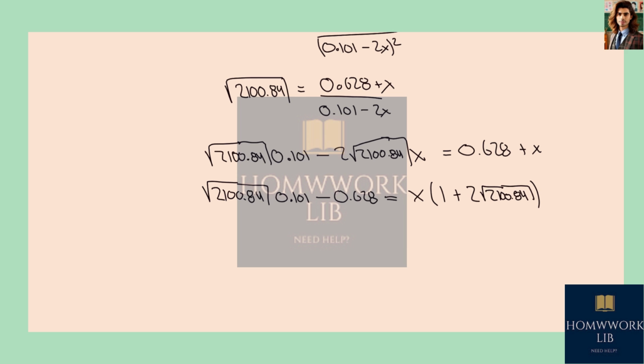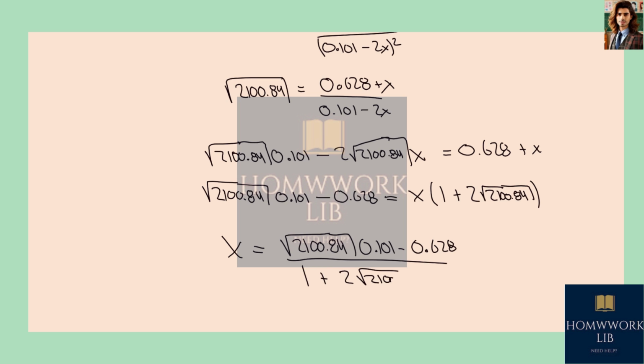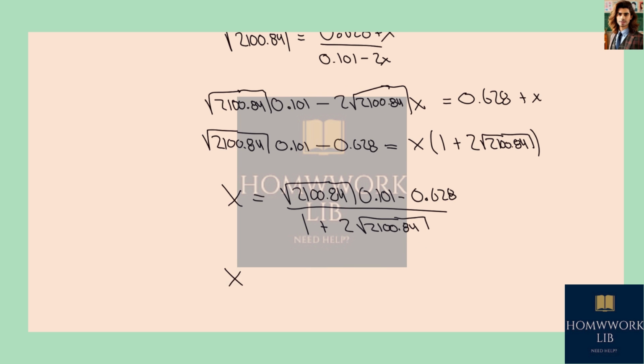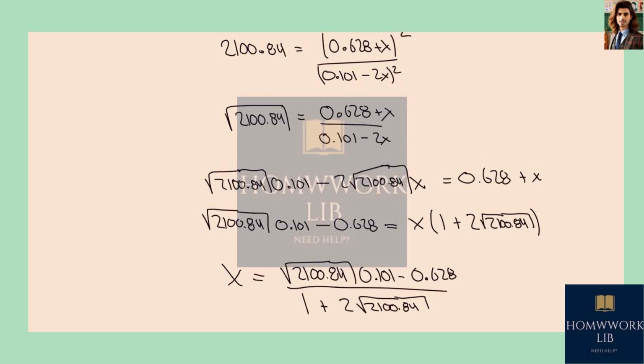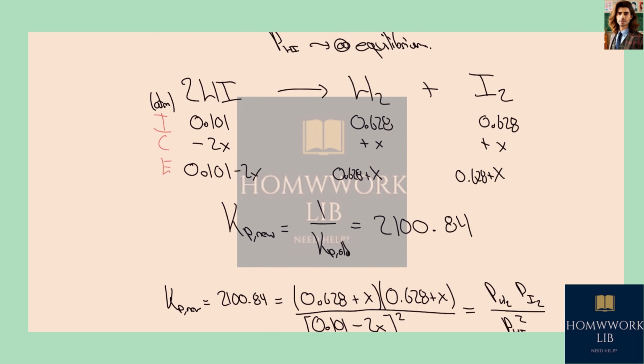So with this, the value for x will be the square root of 2100.84 times 0.101 minus 0.628, and all of this divided by 1 plus 2 times the square root of 2100.84. And with this, the value of x is going to be equal to 0.04318 atmospheres, because remember that the value of x is going to be of pressure.